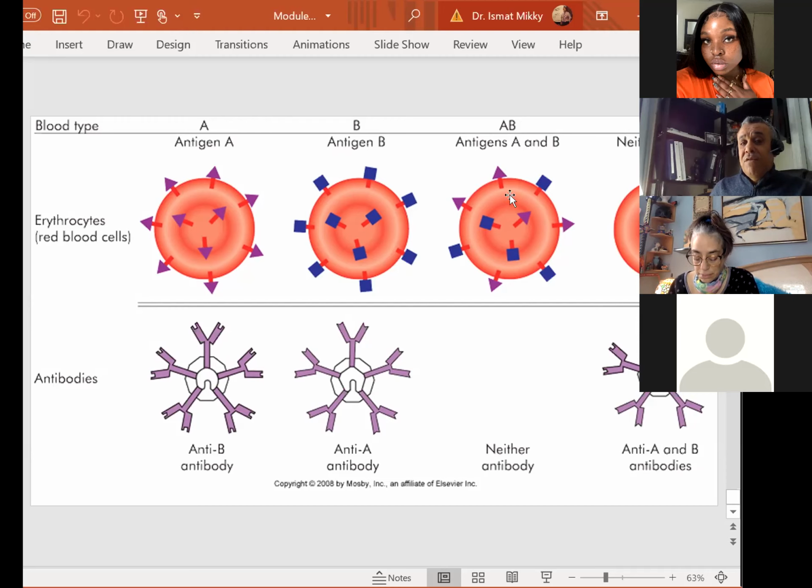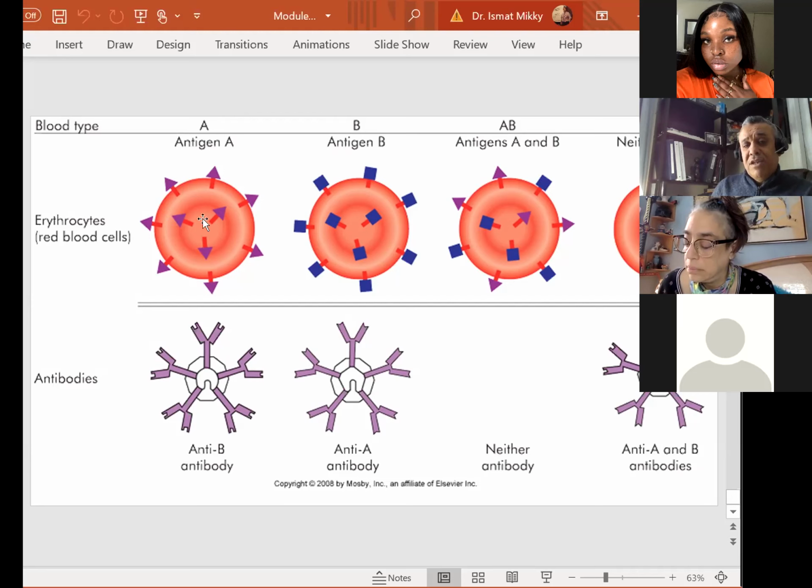And the same thing, if they receive the AB, that will also result in attacking this RBC because it has a B antigen, and AB has both A and B. So that's why the blood type A should not receive blood type B nor blood type AB. They can only receive O or their own type. They can receive A and they can receive O. These are the only options for them.